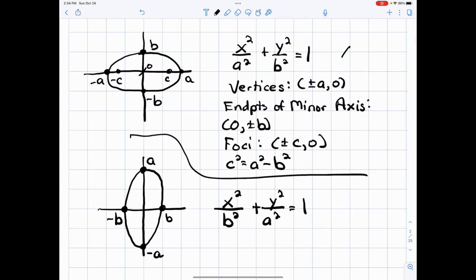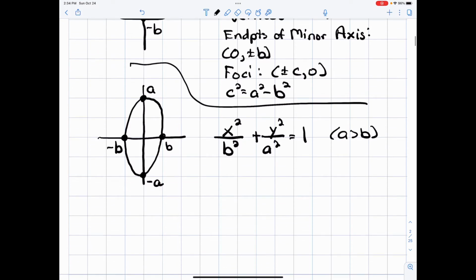Oh, and I forgot to add, a is going to be greater than b every time, because we're situating a along that major axis. So in this case, your vertices will be at 0, plus or minus a. So notice the change in the way the ordered pairs are written.